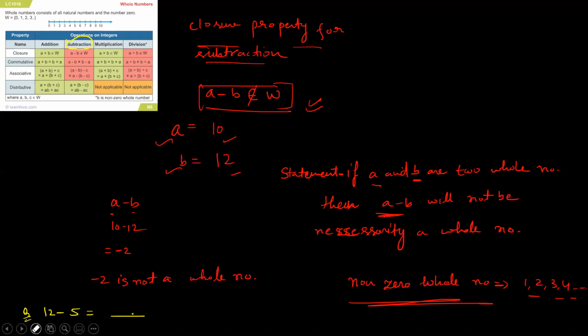And if I write minus 12 plus 5, then what is the answer? Minus 12 plus 5. The minus number is greater, so the answer will come in minus. 12 minus 5 is 7, and plus minus minus, so minus 7 is the answer. Is it clear?